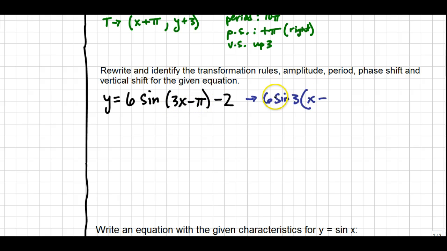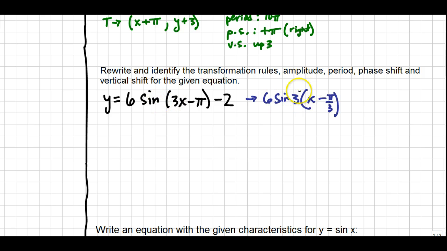Even though I pulled the 3 out to the front of the parentheses, to get my result for what's left, I would divide each piece by 3. So earlier I had just divided too early. So if I pull the 3 out, divide both of these by 3, I'll get my answer. So 3x divided by 3 makes just an x, and negative pi divided by 3 is now what I need since I pulled this 3 outside of the parentheses.